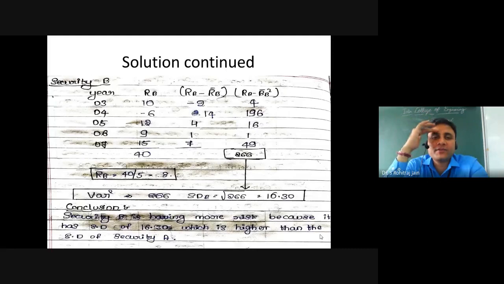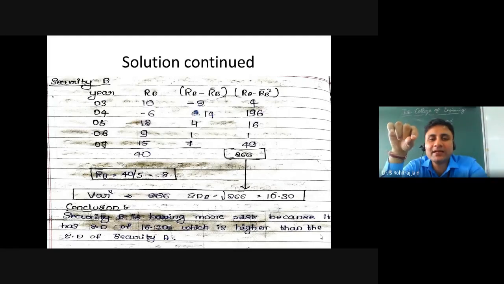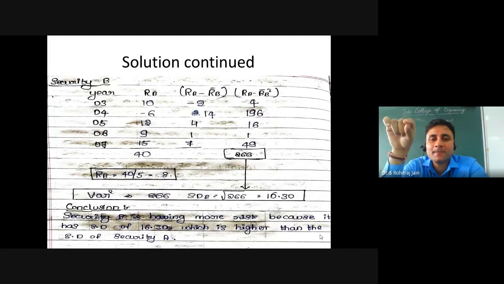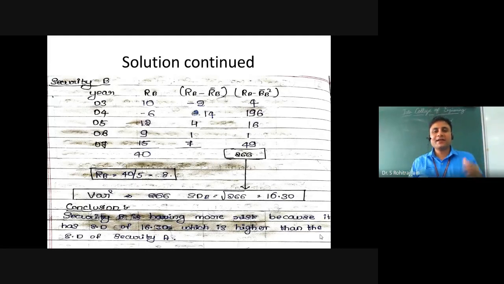See there. Okay, Sarika, I came to know. 10 minus 8 has to be plus 2. Yes, I have made a small mistake over there. Similarly, minus 6 minus 8 will be minus 14. Then in the fourth column, even though the sign is minus or plus, if I do the squaring, minus 2 square is 4, minus into minus is plus.